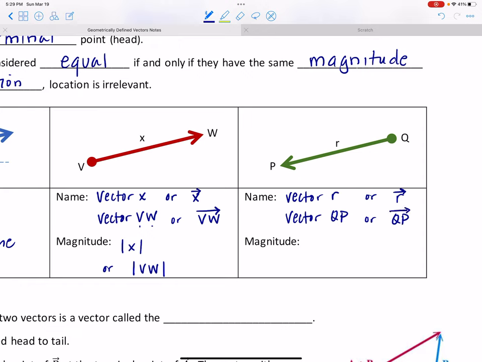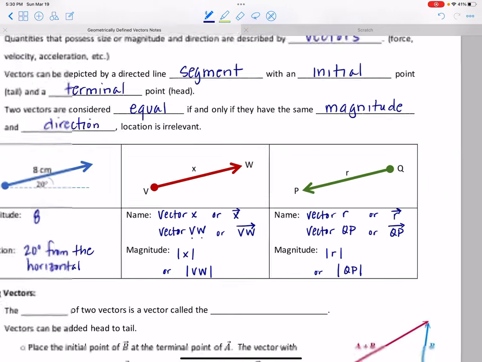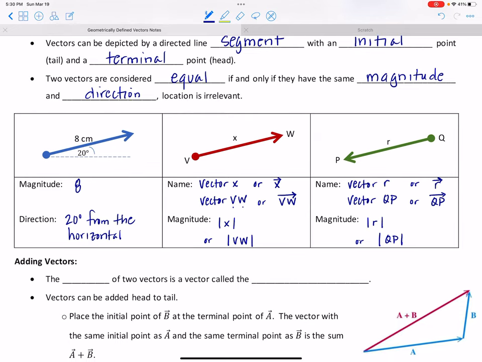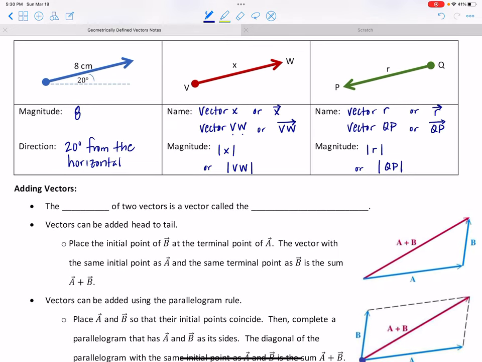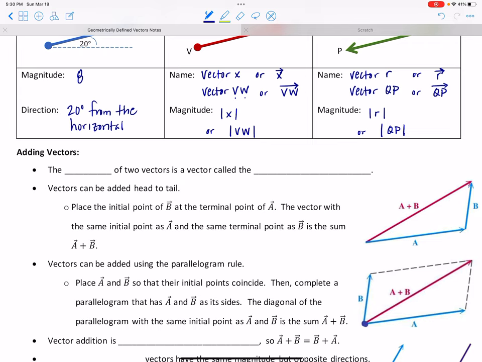And then if I wanted to reference the magnitude of this vector, I would say the magnitude of r, or I could call it the magnitude of qp. Okay, so just some terminology there, and actually a little more terminology before I can show you where we might use some of these concepts.